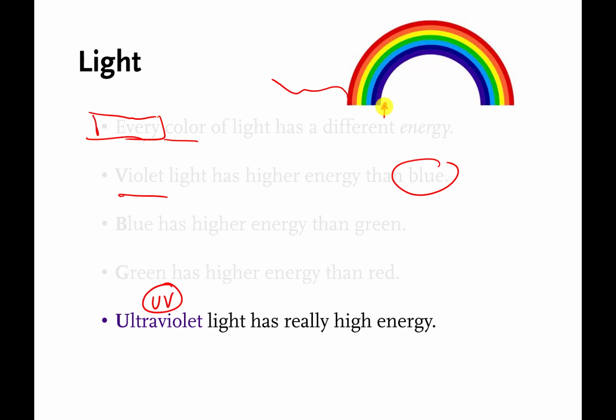It has even more energy than regular old violet light, and it has so much energy that sometimes the energy from UV light can be absorbed by a lot of the molecules in our body, and it can damage those molecules. So that's basically why people are telling you to avoid UV light. But the idea here: different colors of light, different amounts of energy.